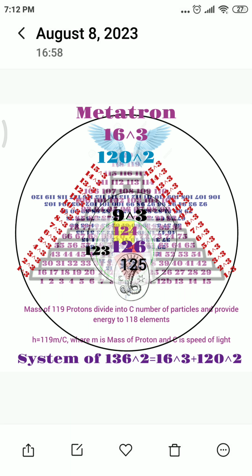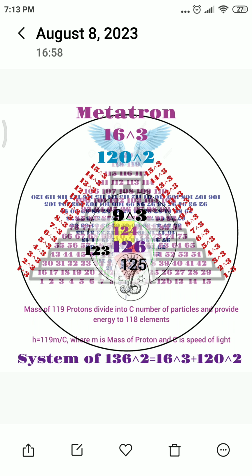In my opinion, the least possible element at which the concept of Metatron is possible is 126.